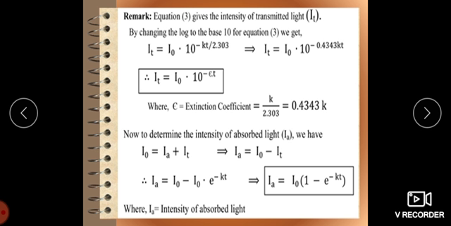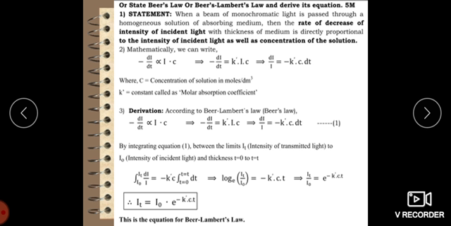Because of that we can write I0 is equal to IA plus It only. So IA is equal to I0 minus It. Putting the value of It obtained from Lambert's law, IA is equal to I0 minus I0 into e raised to minus kt. This is the equation for the intensity of absorbed light from Lambert's law.